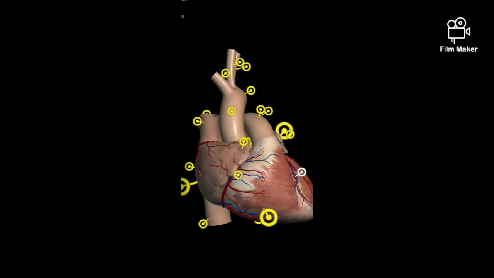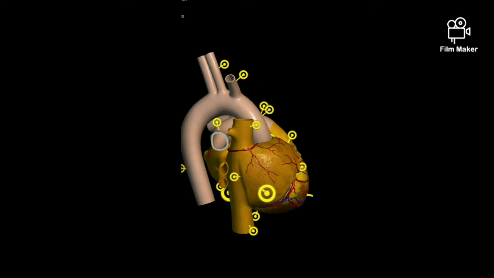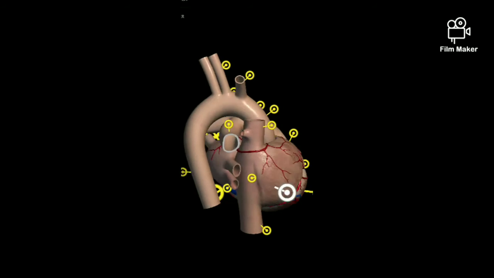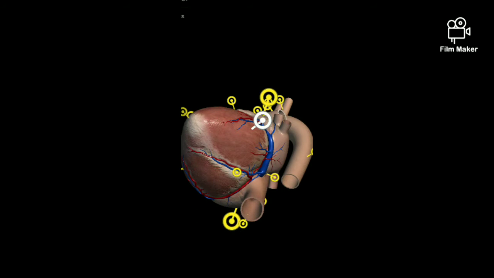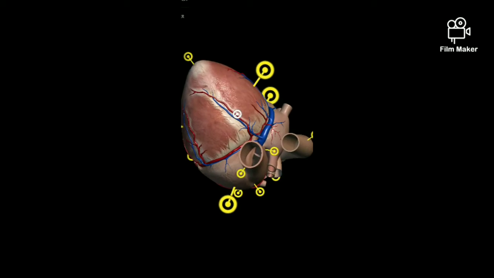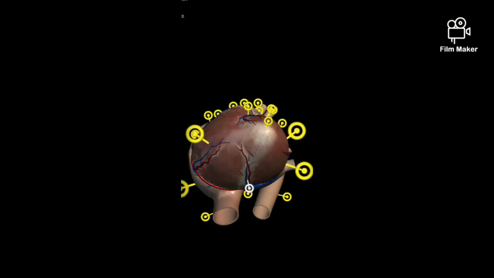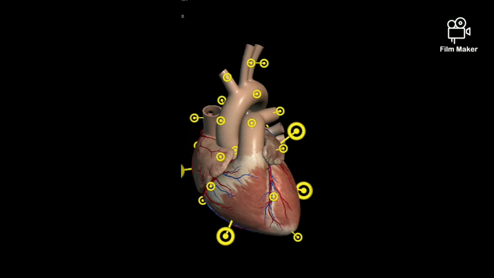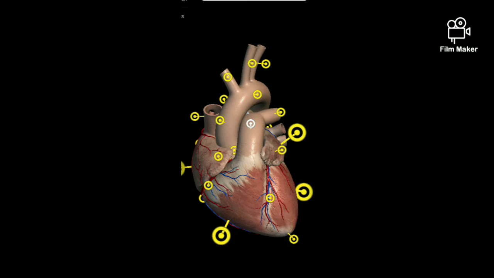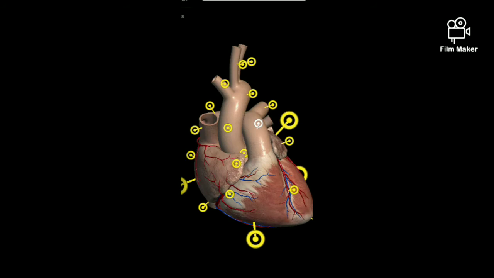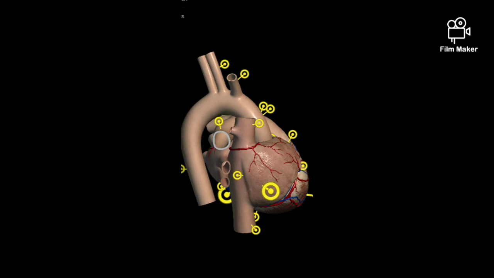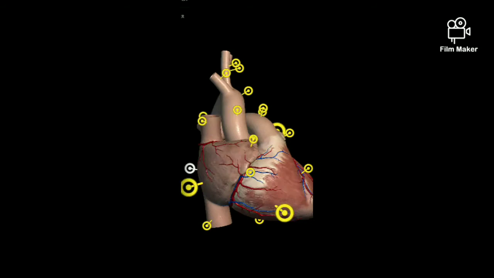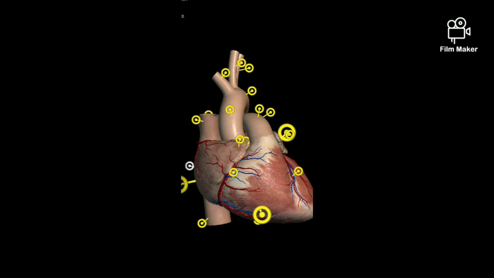The pericardial sulci. Let's come to the pericardial sulci, okay. This is the pulmonary trunk, this is the arch of aorta, okay, right atrium.